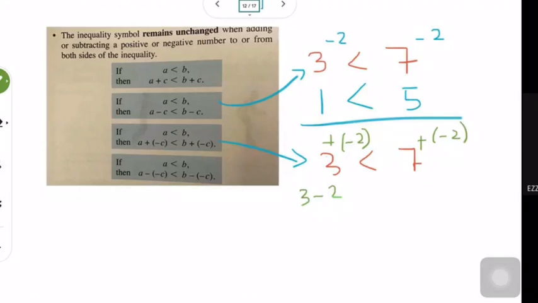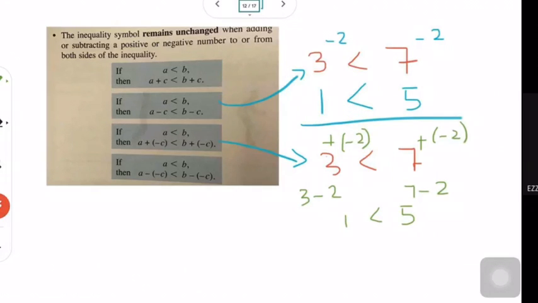Belah kanan also you will get 7 minus 2. So still you will get 1 is less than 5. Apa yang nak ditunjukkan di sini ialah whenever you do the addition or subtraction, this sign, the inequality sign remains unchanged. It remains the same, tak bertukar.